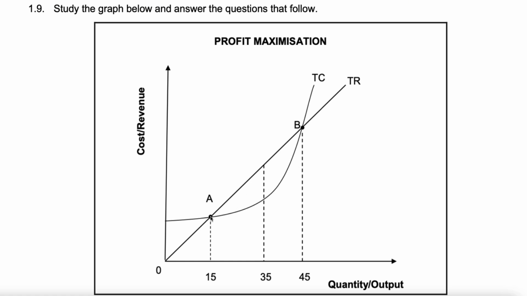Because if you look from 15 Rand to 45, each time our revenue is greater than our cost. Okay, so should you produce up to point B, which is maybe 45? Well, according to the profit maximizing rule, you'll have to produce up to 35 because that's where the gap between TR and TC is the biggest.